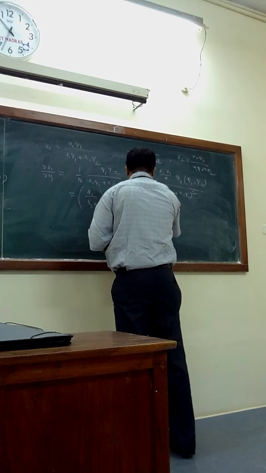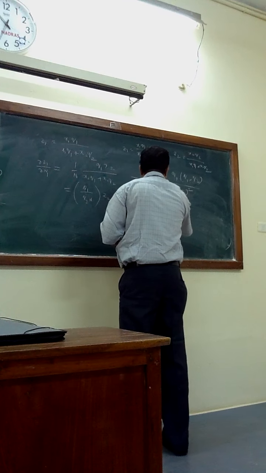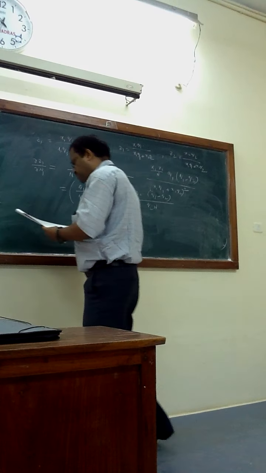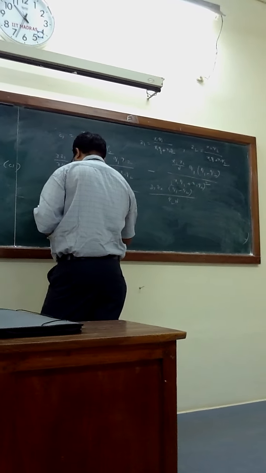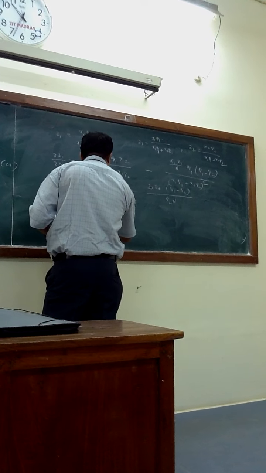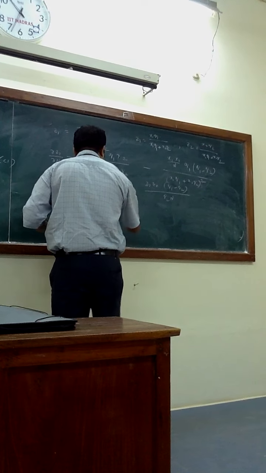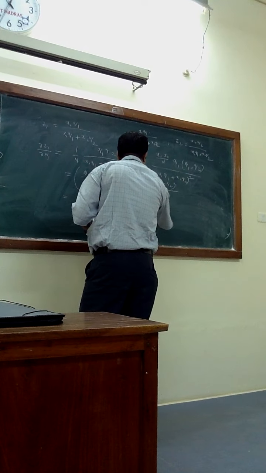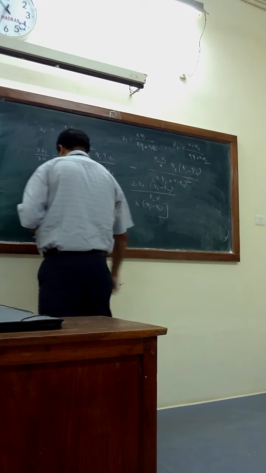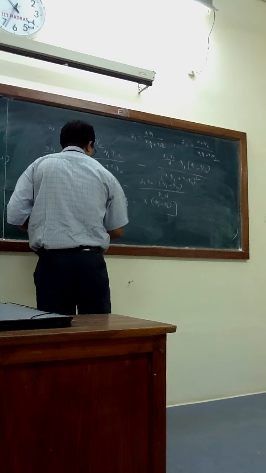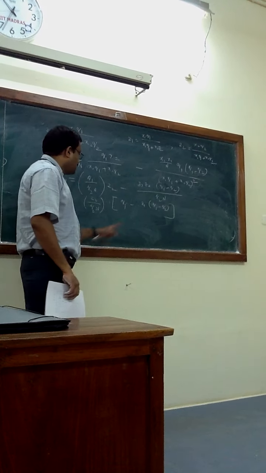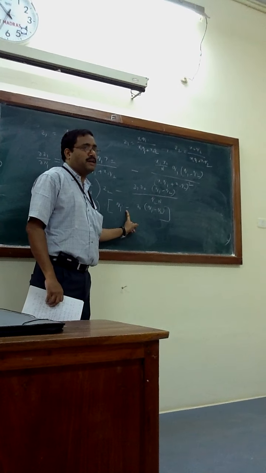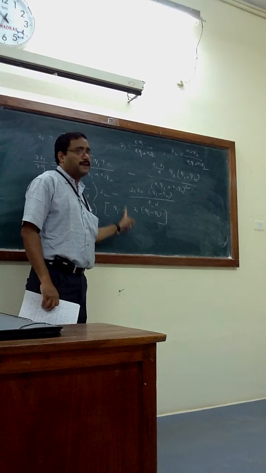Z1, Z2, Q1 minus Q2 by Q2 N. Then Z2 by Q2 N you can take outside. We have Q1 minus Z1 Q1 minus Q2. Then we can see that this is not factorized, so you multiply by Z1 plus Z2. Same thing we have done earlier, right?